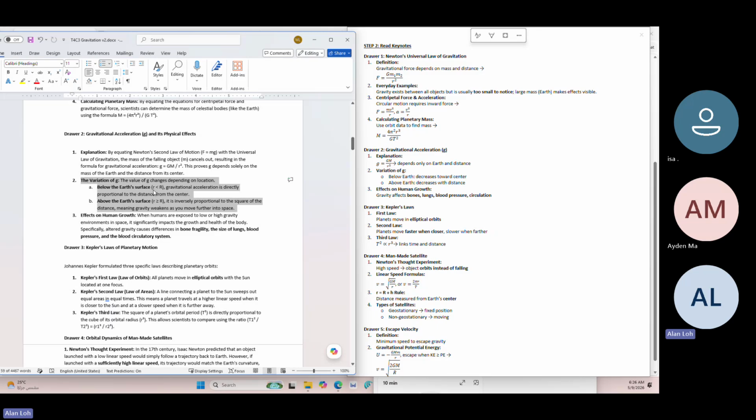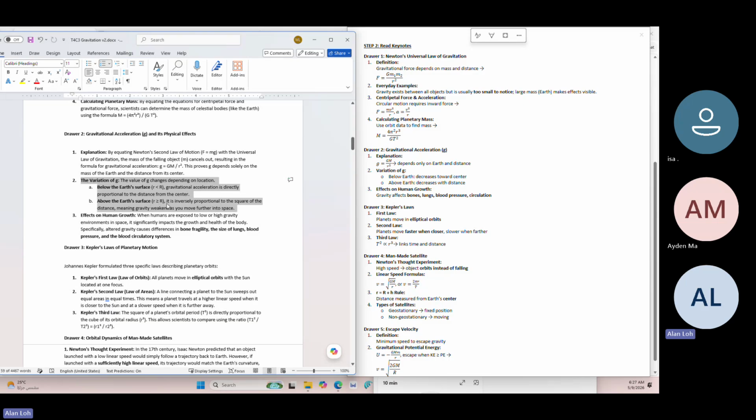So now if you are standing on the Earth, your weight is 50 kilogram. If you dig down, let's say 10,000 kilometers into the Earth, your weight is lesser. It's not 50 kilogram, could be 40 kilogram, right?